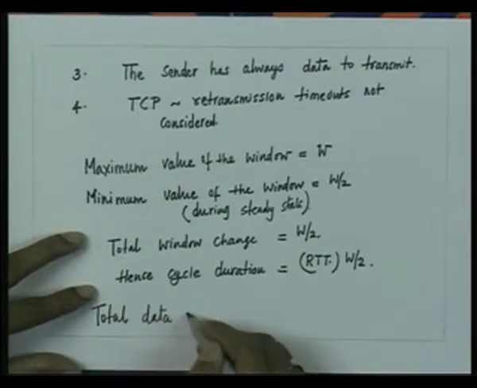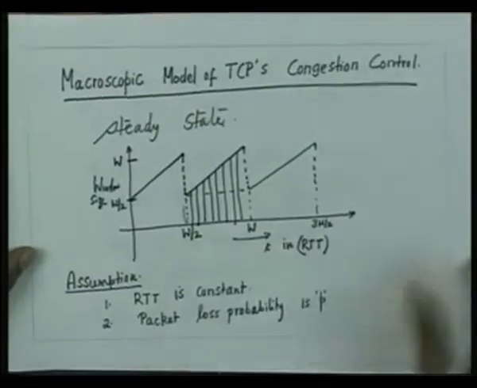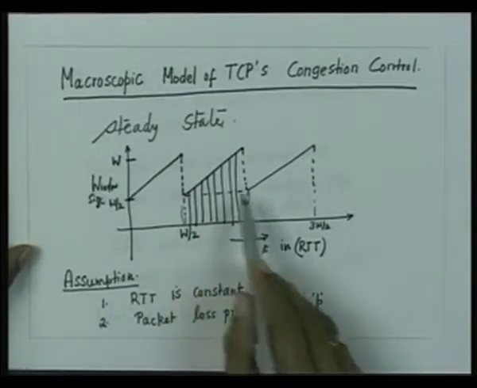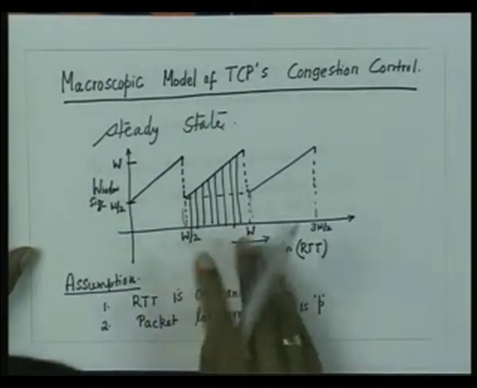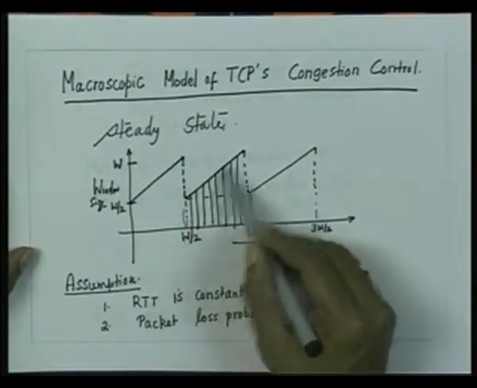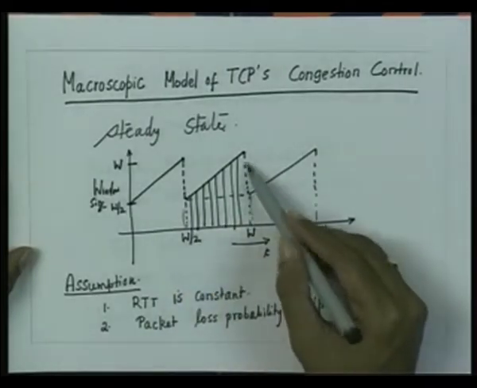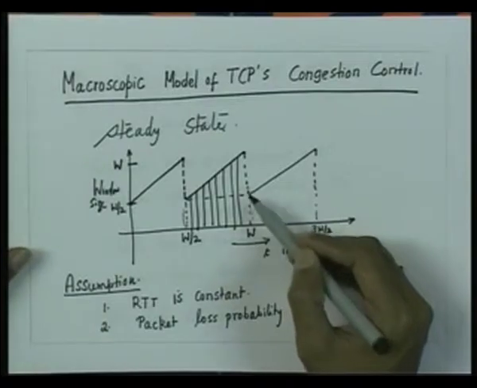So the total data which is delivered has two parts. There is a rectangle over here, with this duration W by 2 and height W by 2, so this square is W by 2 squared, and there is this triangle here, with base W by 2 and height W by 2, so that will be half of W by 2 squared.